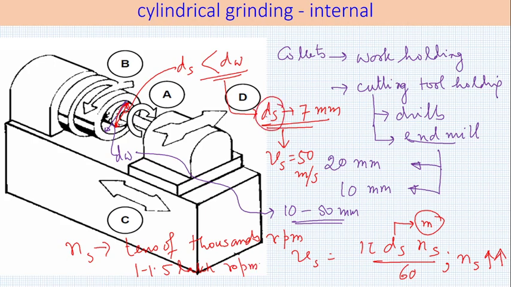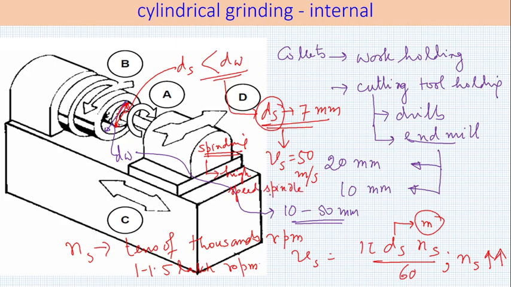So this is a peculiarity of internal grinding. So the spindle, this is the spindle or the grinding head. These spindles are not normal spindles. Most of the time these are high speed spindles.